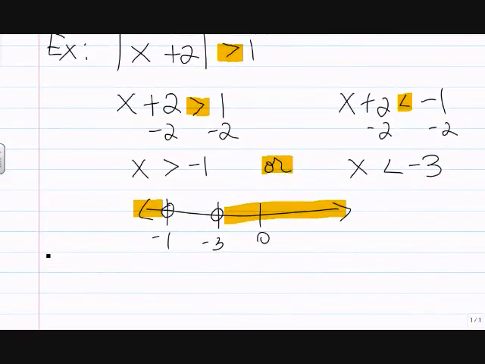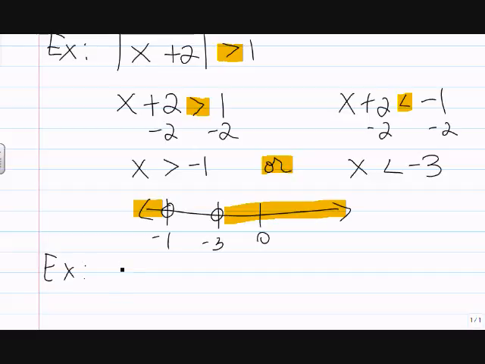Then we have absolute value inequalities that are less thans. So I might have, let me grab the example I want to use.